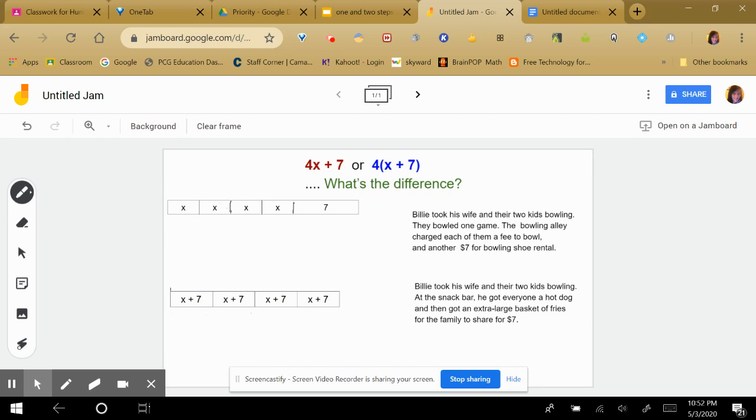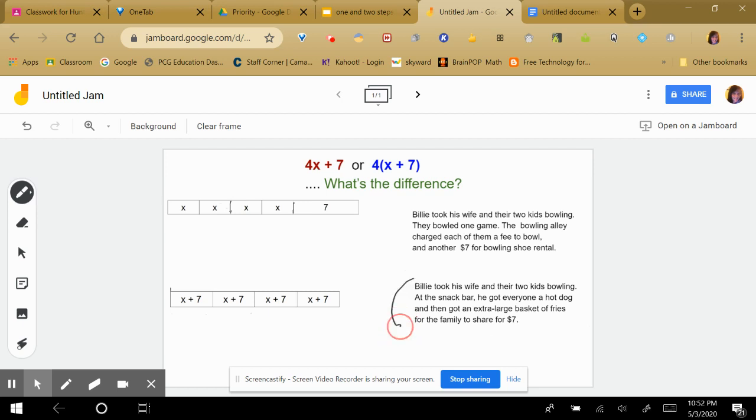So since each one of them had to pay 2 things, the way to figure out how much Billy paid for this little excursion would be that his wife paid $7 for shoes and a fee. Each of his kids paid $7 for shoes and a fee, and he paid $7 for shoes and a fee. Okay, so I want you to keep that in mind.